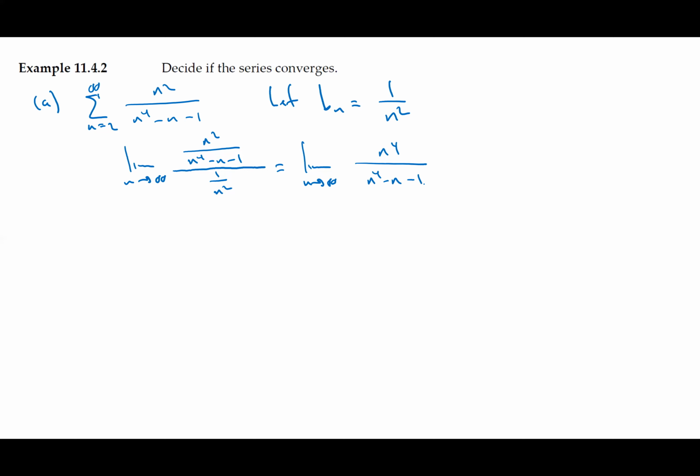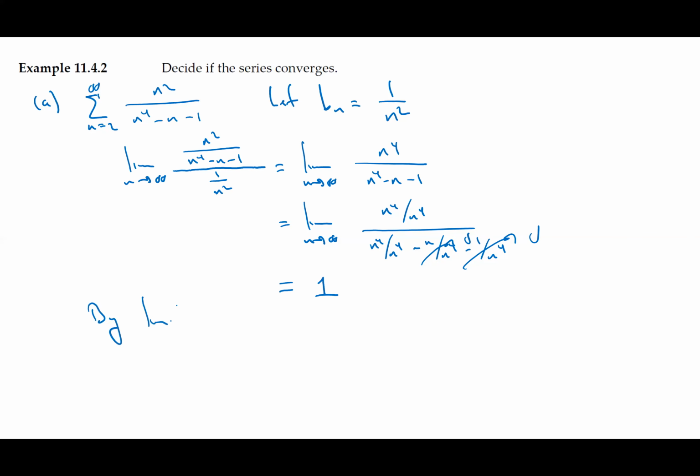And again, what's going to happen is just by dominant term analysis. If you want, remember that old Calc 1 technique, divide every term by n to the fourth. And so, right, that goes to 0, that goes to 0, you get 1 over 1. This is 1. And what's significant about that is that the limit exists and it's greater than 0.